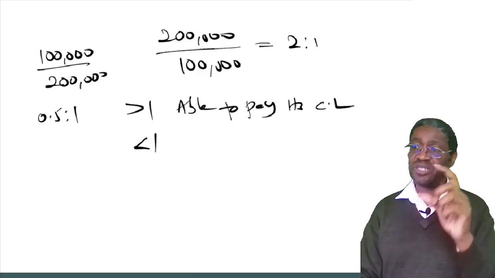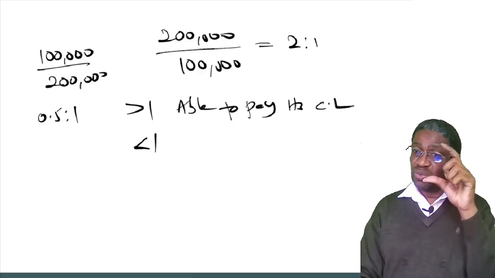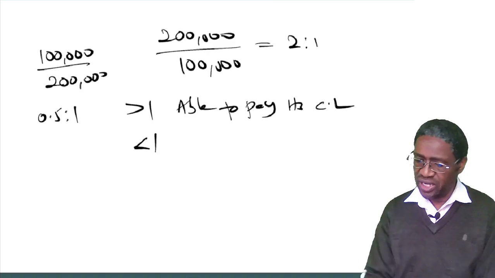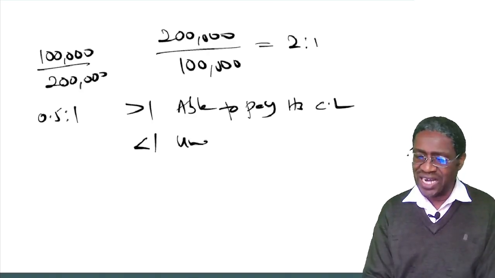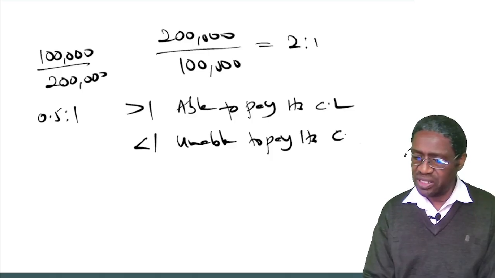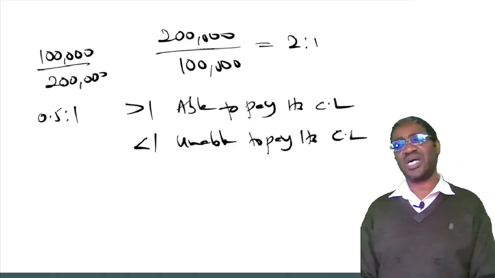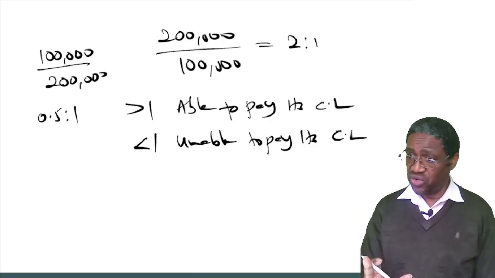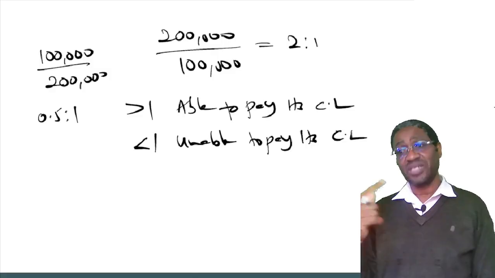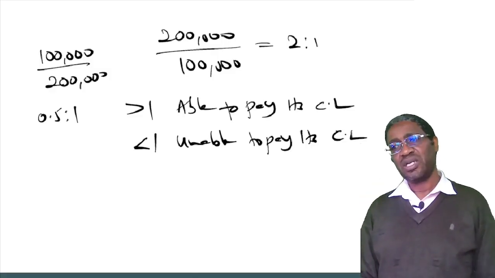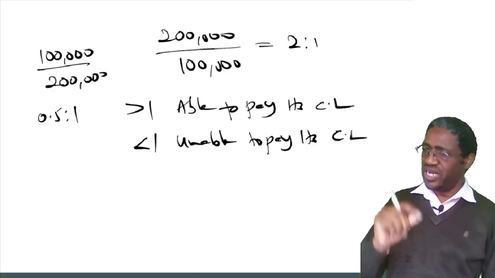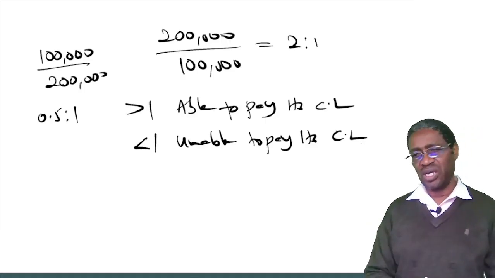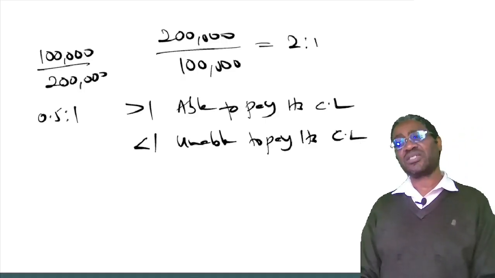So we say if the ratio is less than 1, then the firm is unable to pay its current liabilities. If the ratio is greater than 1, the firm is able to pay its current liabilities.